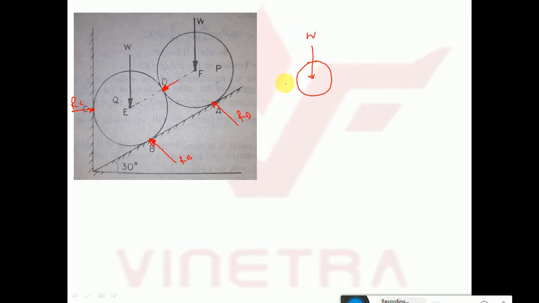This is the self weight, one support RC, one more reaction RB, and because of this, the ball is exerting some weight here, at some angle. So I will call it W, because of this second ball, coming from F, I will write it as WEF. So in this manner I can draw the free body diagram of the first ball.